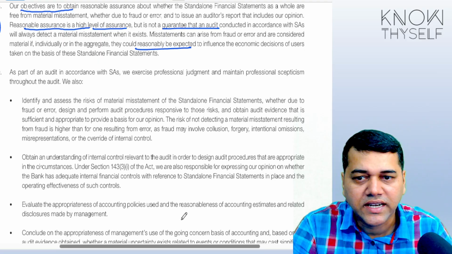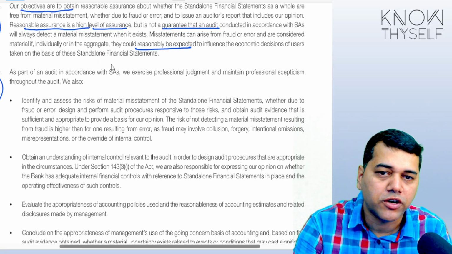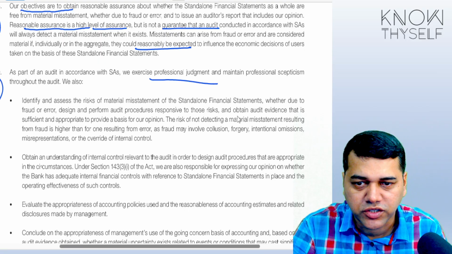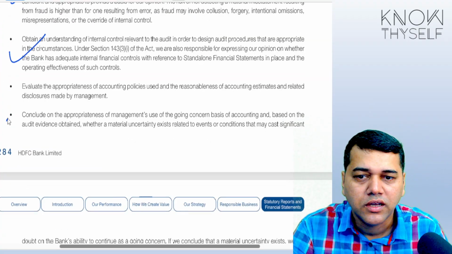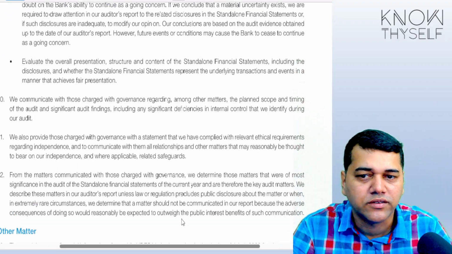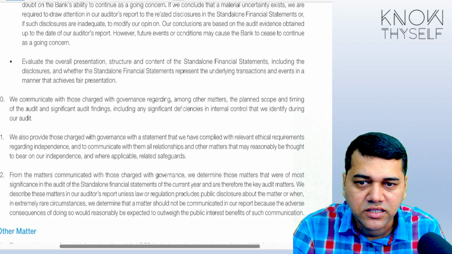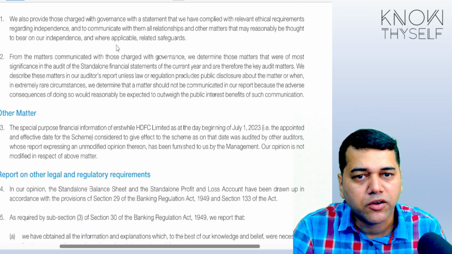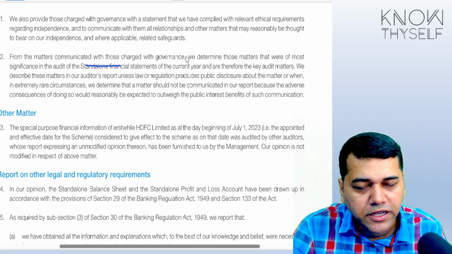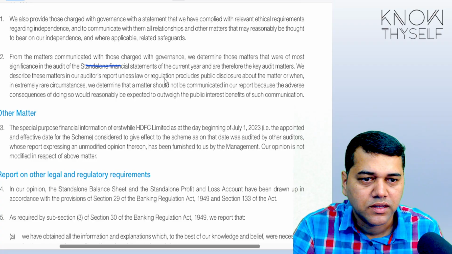Second section, how they did the audit. We have maintained skepticism and professional judgment. We have identified the risk, obtained understanding of the controls, checked the management's use of going concern, etc. Third section, communication: we have communicated plan, scope and timing, we have communicated independence, we have communicated key audit matters. Done.